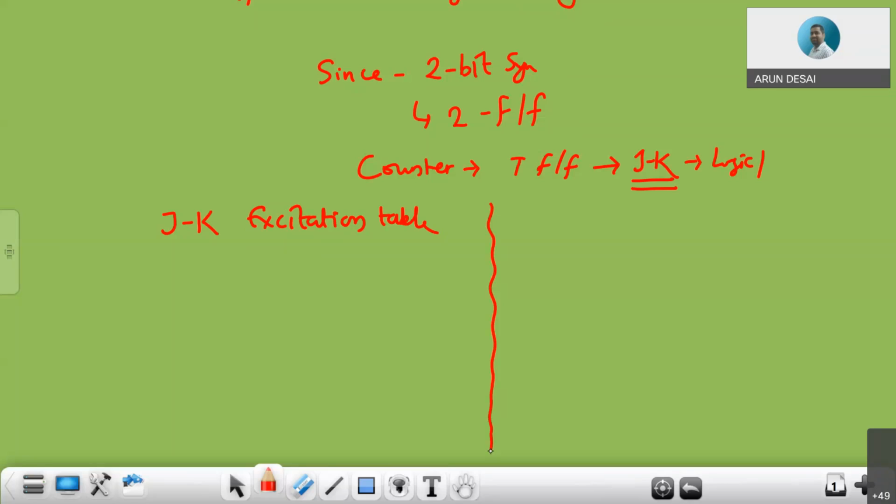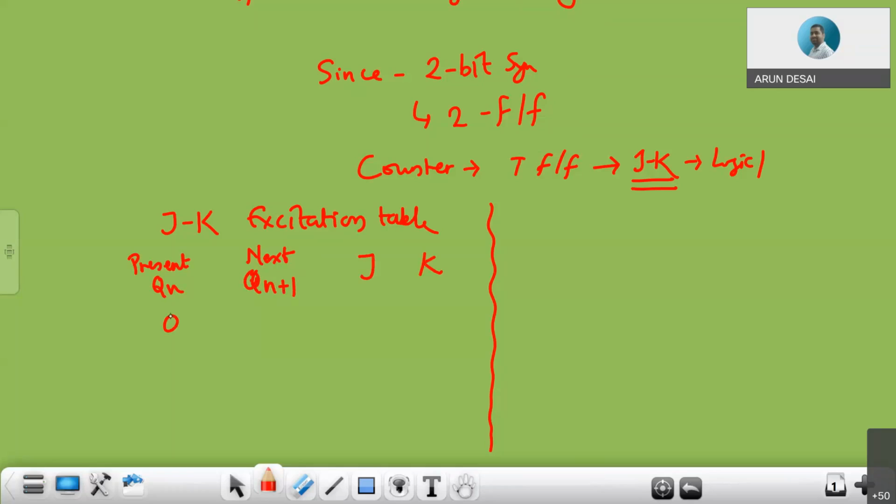From the present state and next state of the output, we identify what inputs we require for the flip-flop. That is in the excitation table. My present state is there, and the next state is also there. Present state is referred to as Qn, whereas next state is referred to as Qn+1. Based on that, we need to identify inputs J and K.